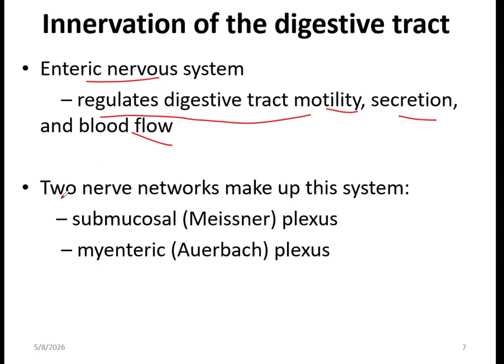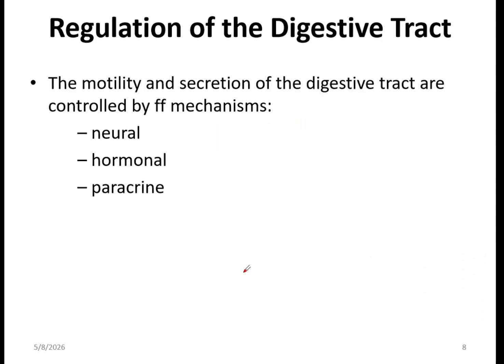Two nerve networks make up this system: one is the submucosal plexus and the other is the myenteric plexus. So these are the two nerve networks that make up this system of the digestive tract, right?